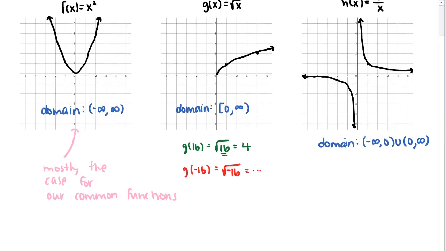And really, two ways that the domain will typically be restricted for functions in this class are these. Either we're restricting the domain of a function because it leads to taking the square root of a negative number, or we're restricting the domain of a function because it leads to division. So these are two common ways a function's domain will be restricted.